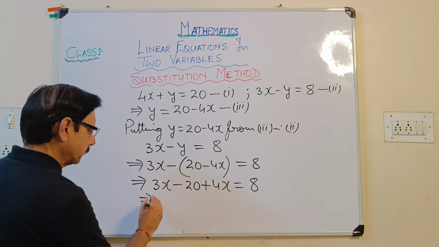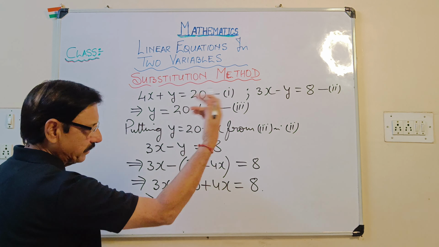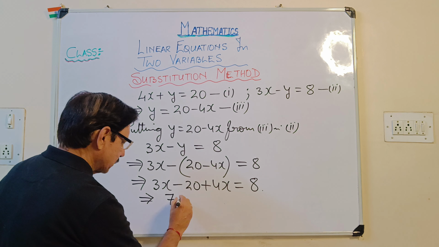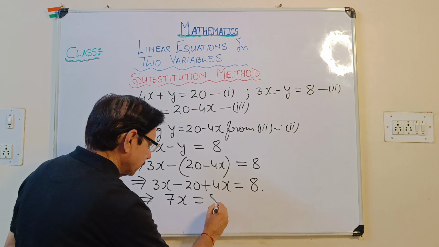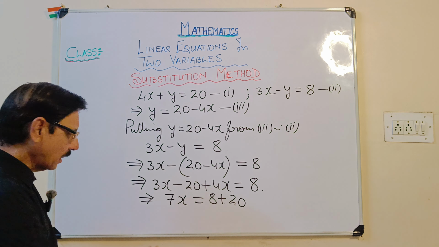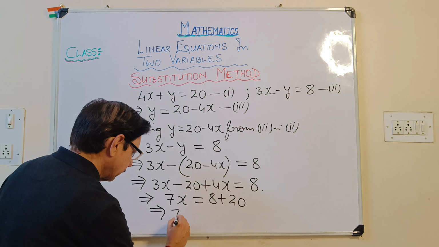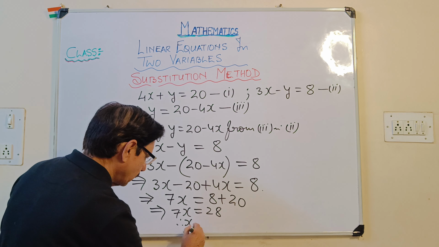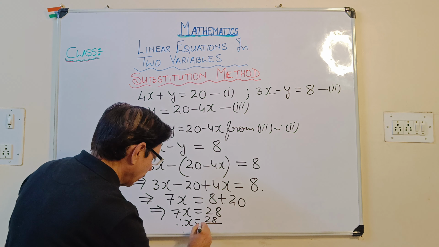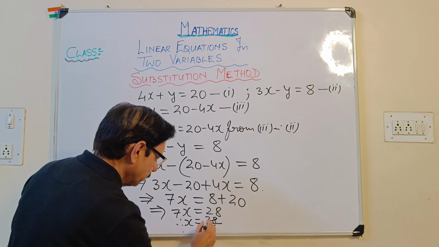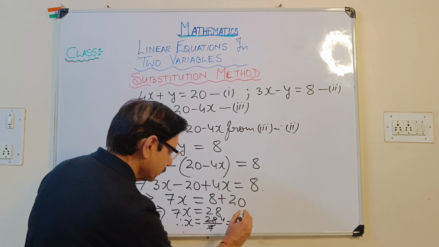Which implies that now minus 20 we will transpose that side. So 3x plus 4x we can solve here only. 7x is equals to 8 plus 20, which implies that 7x is equals to 28. So therefore x is equals to 28 by 7, and that is 7 4s are 28. So x is equals to 4.